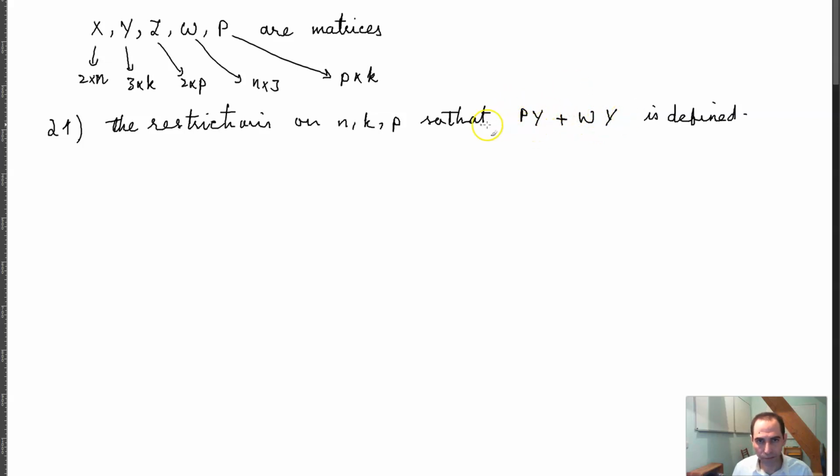If that is supposed to be the case, then of course PY and WY must be matrices of the same order.